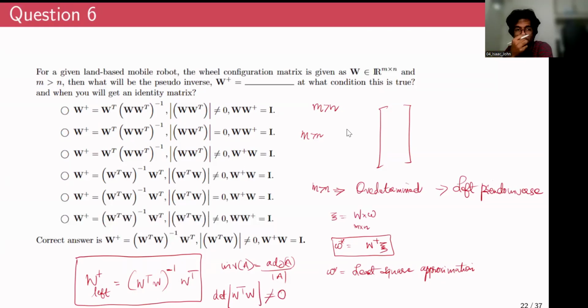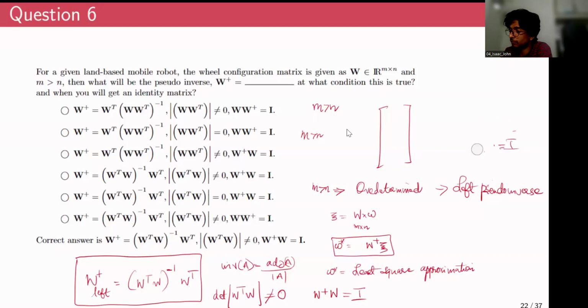And the condition for identity matrix is if you pre-multiply the wheel configuration matrix with its pseudo inverse, pre-multiply means you have to left multiply, you will get an identity matrix. Right? But in case of a regular square matrix, A inverse A is I, or A A inverse is also identity matrix.